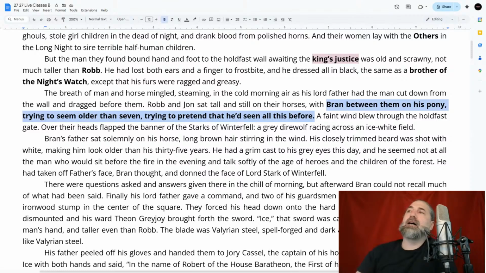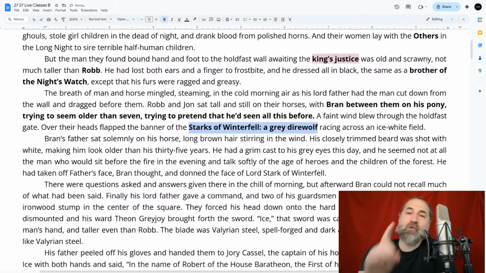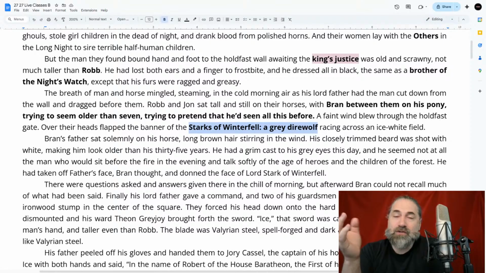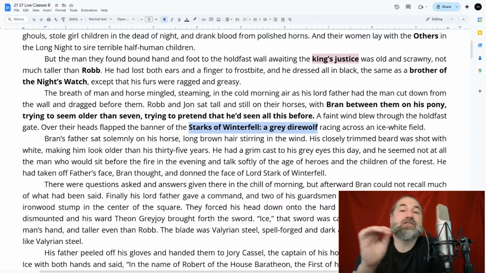Okay? A couple other things. Stark of Winterfell. All right? The grey wolf. So that's foreshadowing what's to come. Because clearly we're going to see the dire wolves. But it is also technically considered seeding, because we are seeding the fact that dire wolves exist in this world. All right?